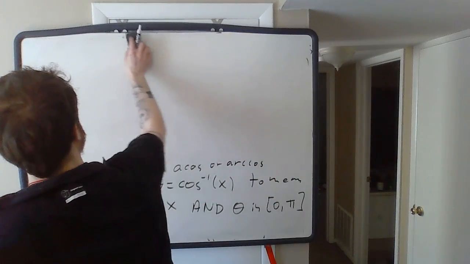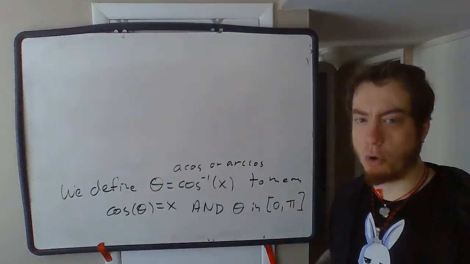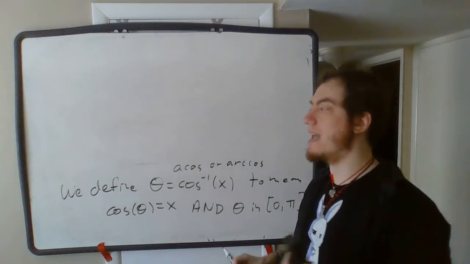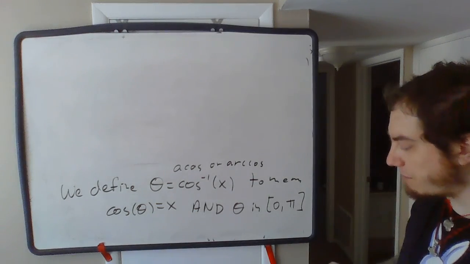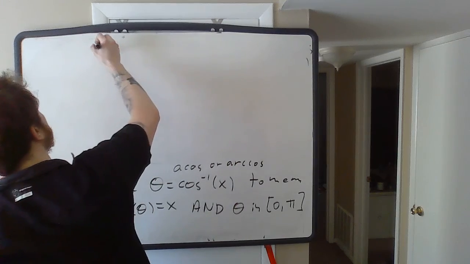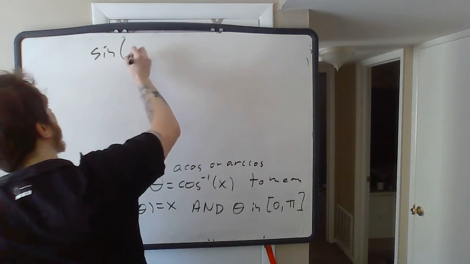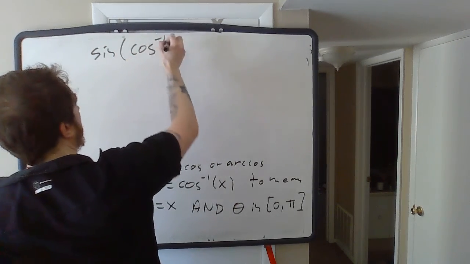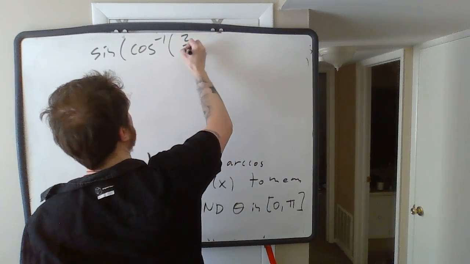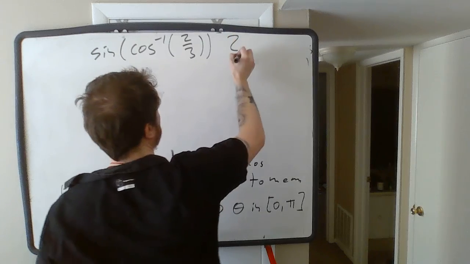But what happens if we start combining them? So what if we have sines and inverse cosines and all this kind of thing? So for example, what if I wanted to ask you, what is the sine of the inverse cosine of 2/3?